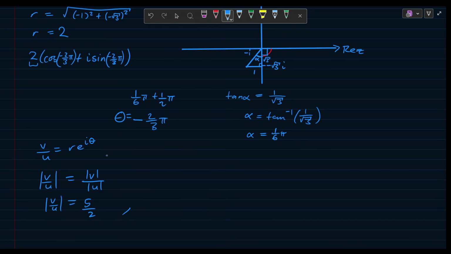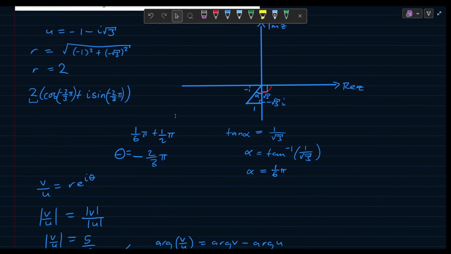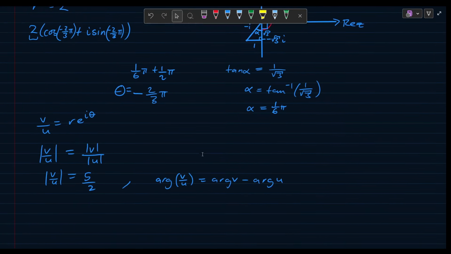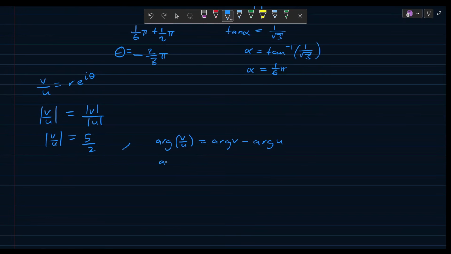And then we also want the argument of v over u. So arg v over u is equal to arg v minus arg u. So arg v is 1 over 6 pi. So this means arg v over u is equal to 1 over 6 pi minus arg u.